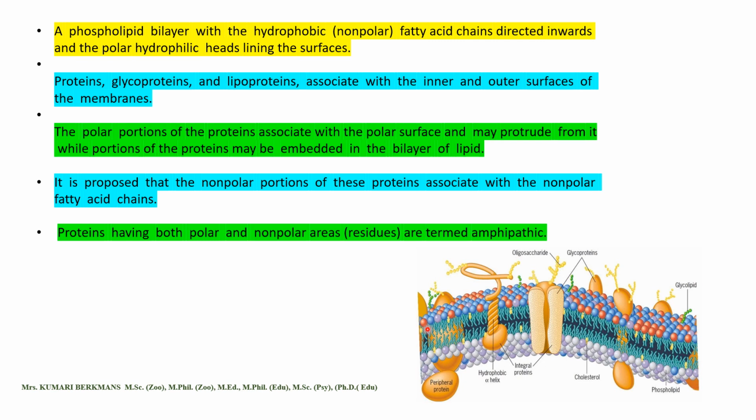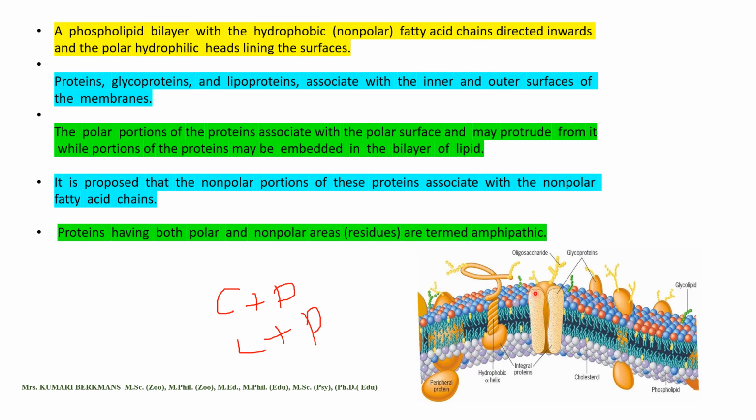And proteins, glycoproteins and lipoproteins are associated with the inner and outer surface of the membrane. What is glycoprotein? It is carbohydrate plus protein combined together. And lipoprotein is lipid plus protein. All these are embedded in the cell membrane and make the cell membrane very effective. They do various functions.